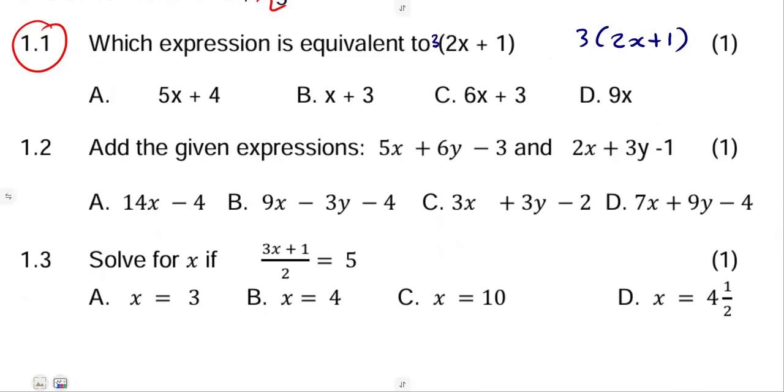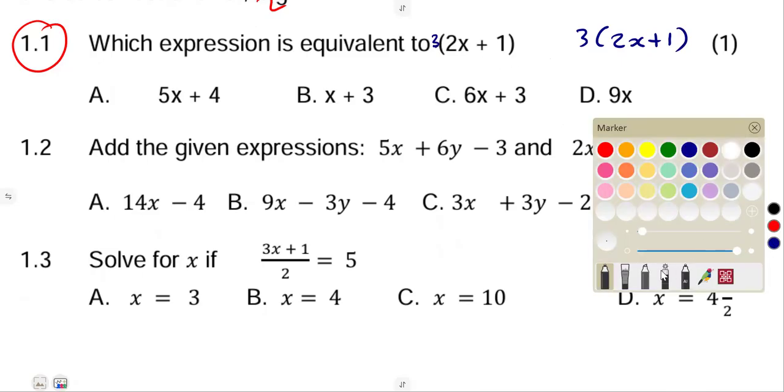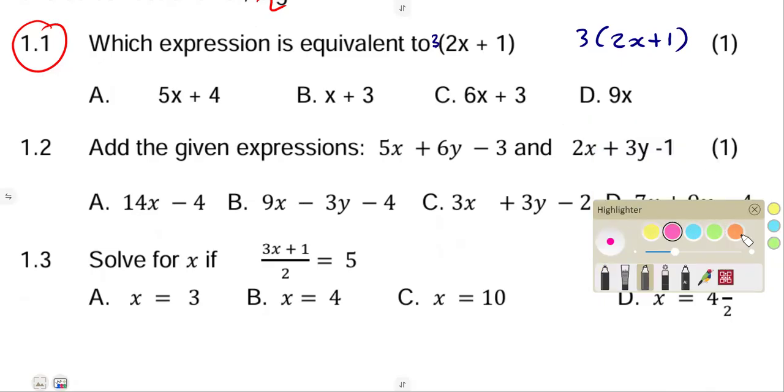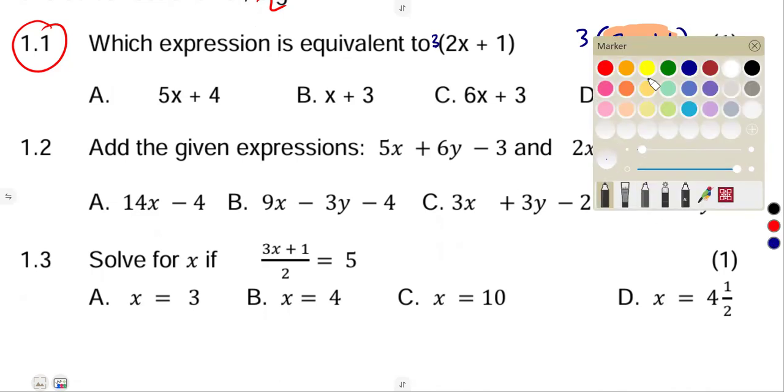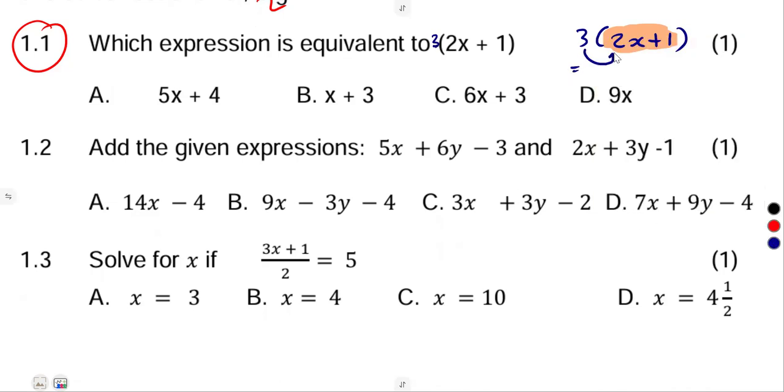On that case, this is an expression, so expand the brackets. We're going to look into the bracket. What is the number that is going to affect our bracket? That is the 3 outside of the bracket. So 3 times 2x, that is going to give us 6x. Then 3 is going to multiply 1. 3 times 1, that is 3.